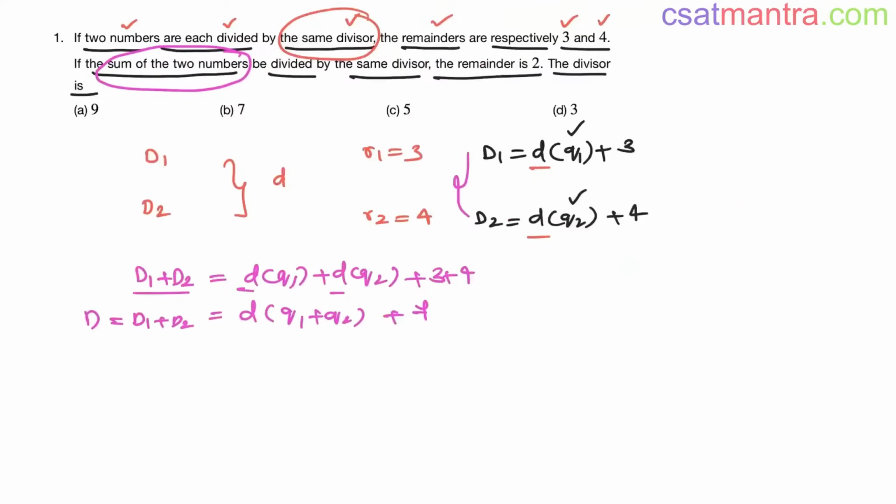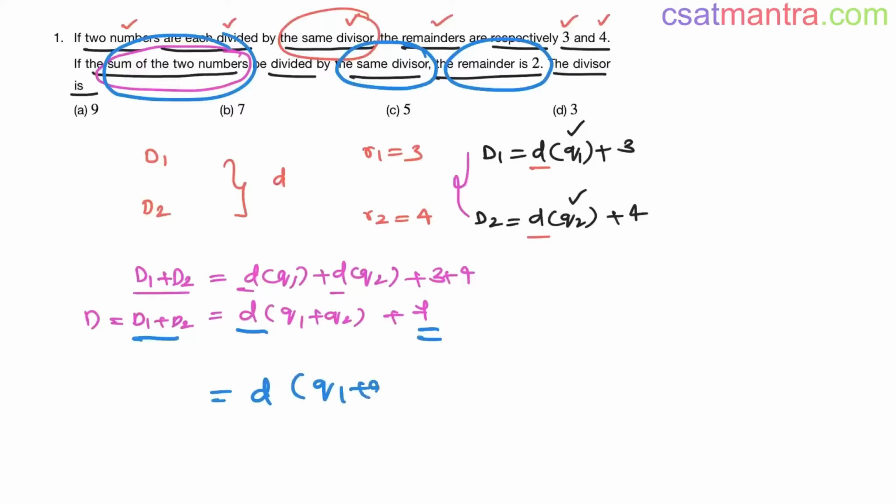Here it is said that the sum of the two numbers divided by the same divisor, the remainder is 2. But here we have 7. So I am rewriting this, d into q1 plus q2, and I am writing 2 as remainder. Now what is left? 5 is left, 5 plus 2, that is 7.